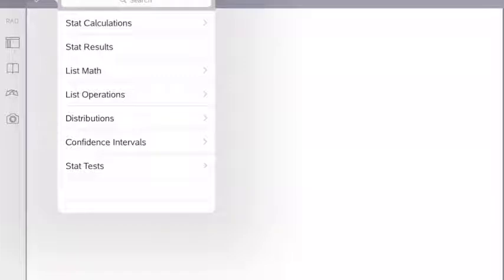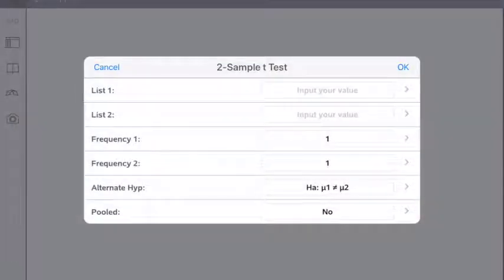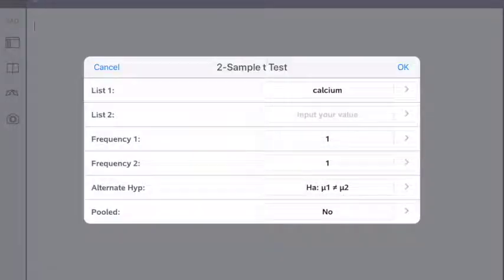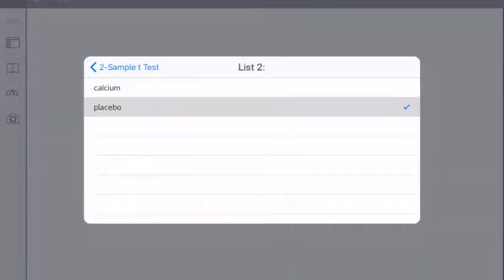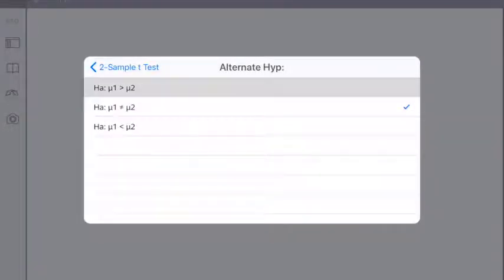So we go to menu, statistics, stat tests, a 2-sample t-test, and now we have the data this time instead of statistics. So we have our calcium and our placebo. Okay, our alternative hypothesis is that, remember, our calcium has a higher score than our placebo.